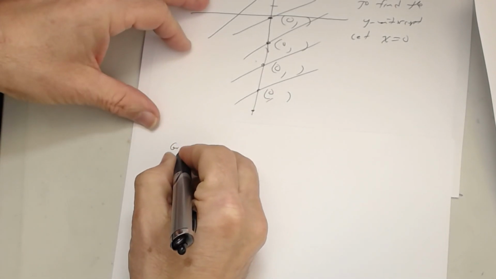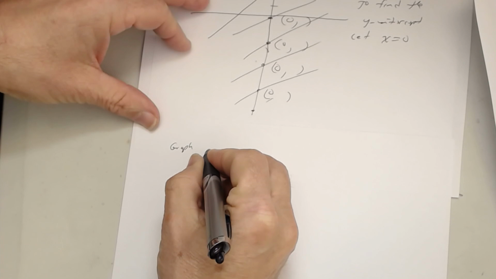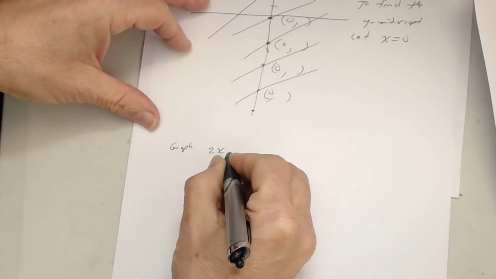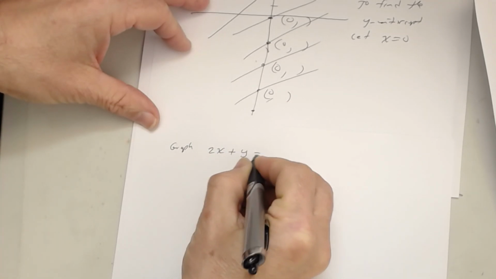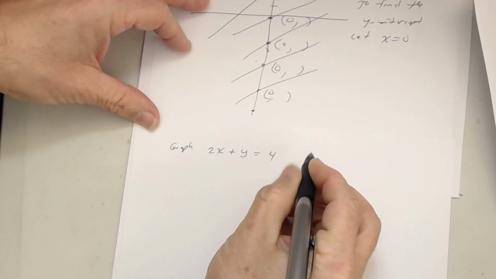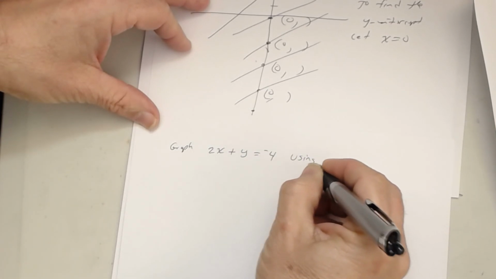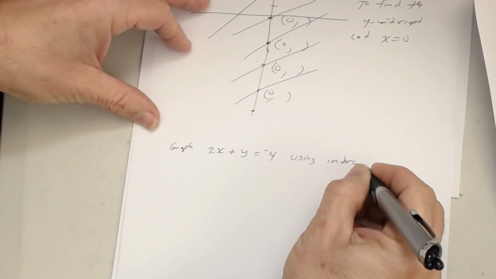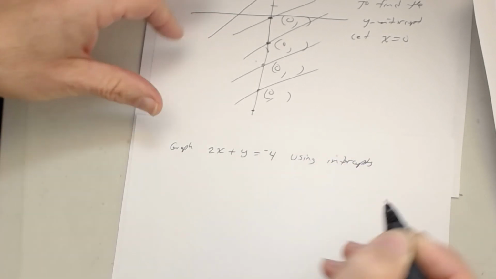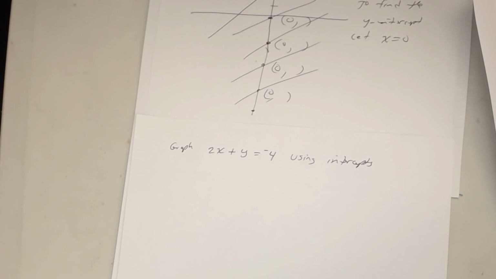Okay, so graph 2x plus y equals negative 4 using intercepts.